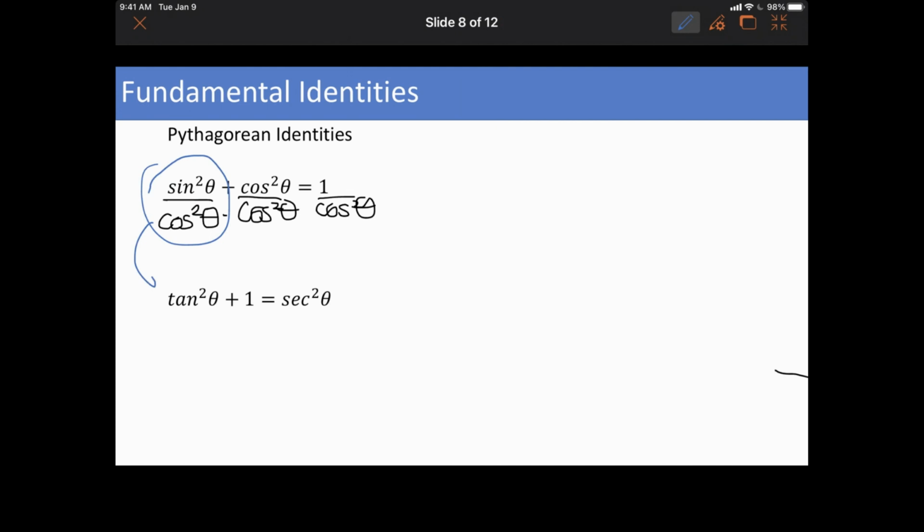Cosine squared theta divided by cosine squared theta is 1. 1 over cosine squared theta, that is secant squared theta. That is from our reciprocal identities. So this is our second Pythagorean identity.